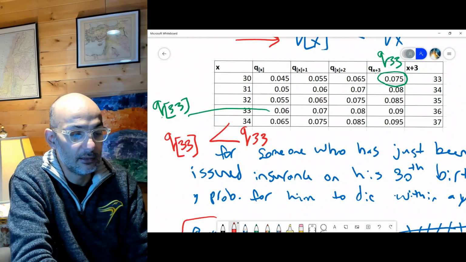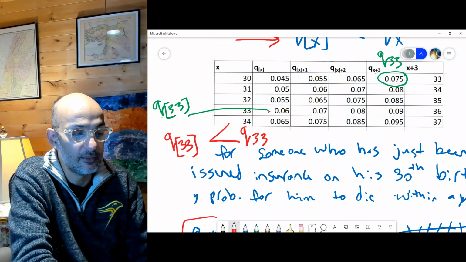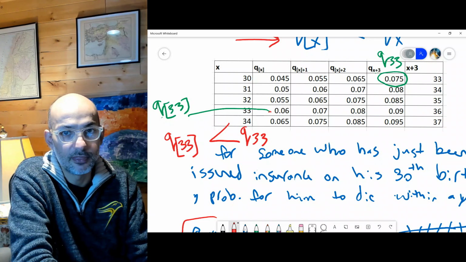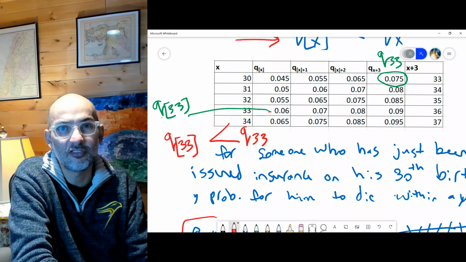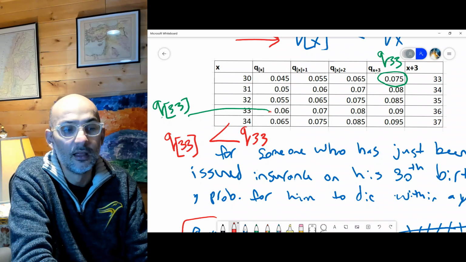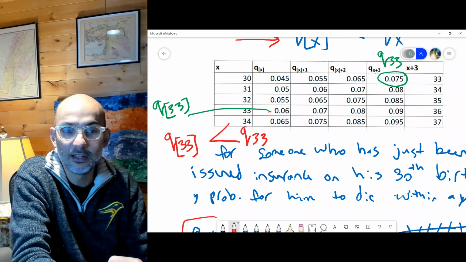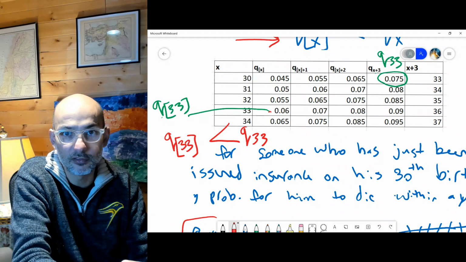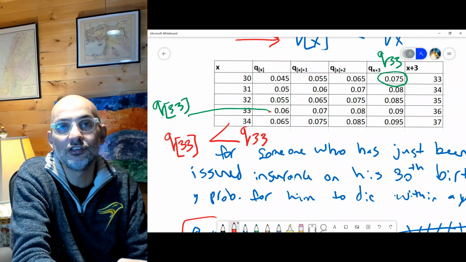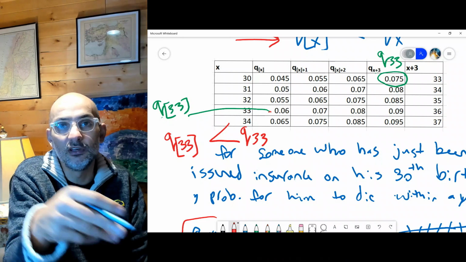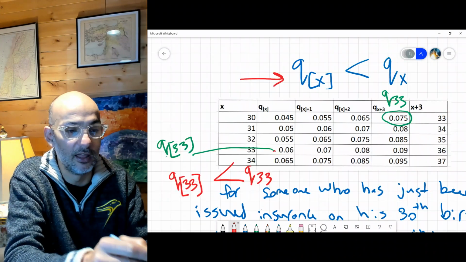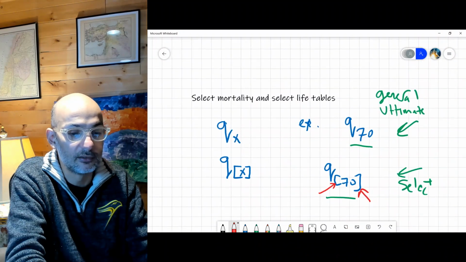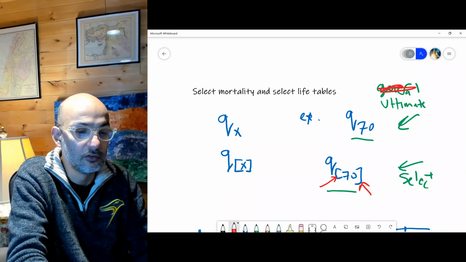If somebody is issued insurance, selected at this age, it means that he or she has a lower probability than the general population because he or she was selected. Ultimately, after 3 years, after the end of the select period, he or she will converge with the general population. And this is why we get the notation select and ultimate.